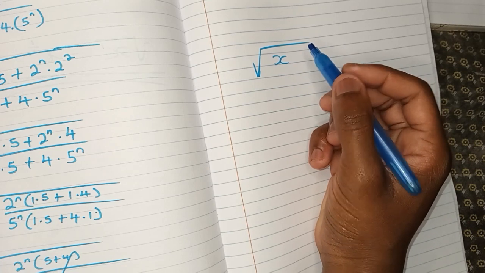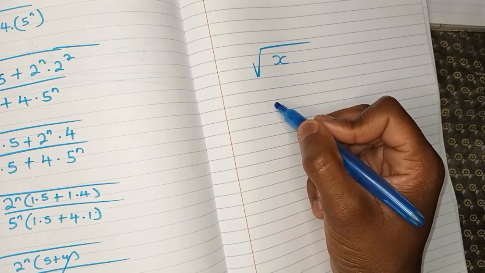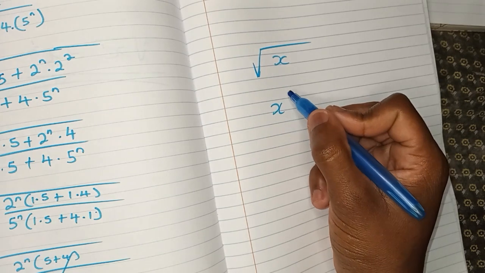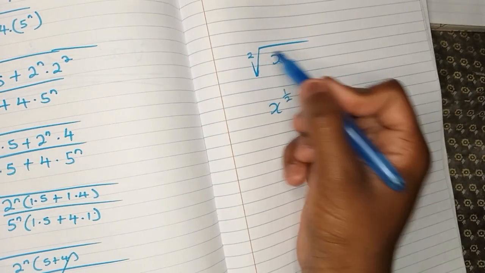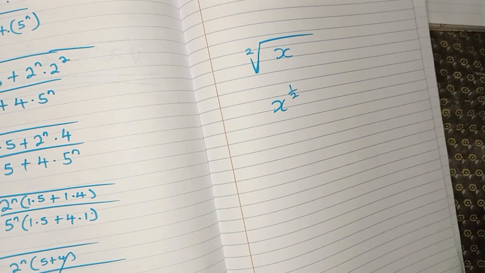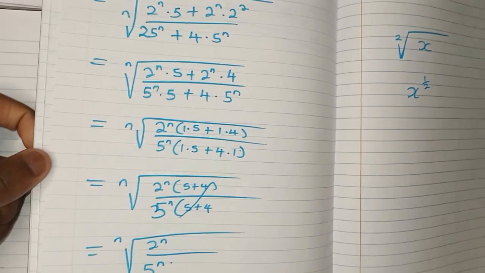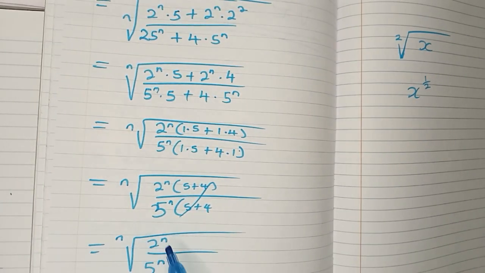You can also write that as x to the power 1 over 2, right? Because there's a 2 here. So that's why whenever you come across something like this one, you will have to change and say maybe this is 2 to the power n over n, right?